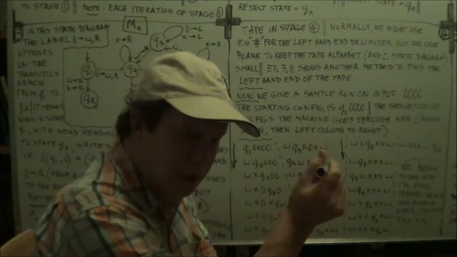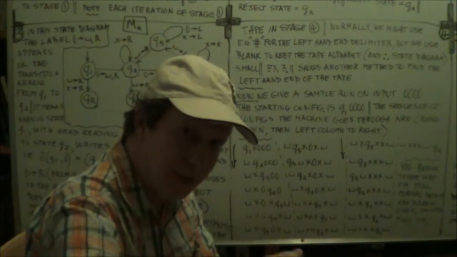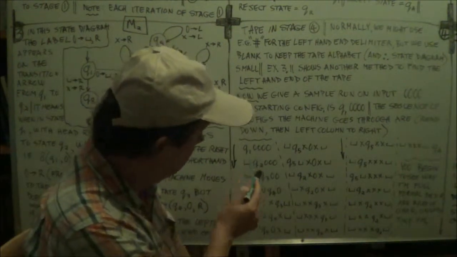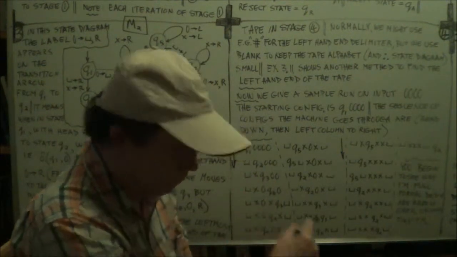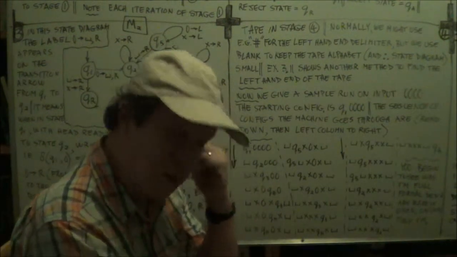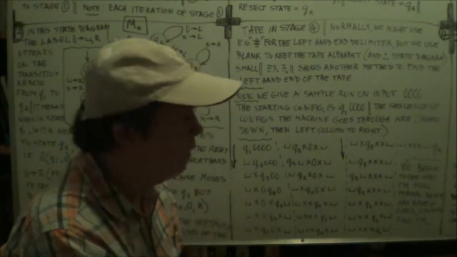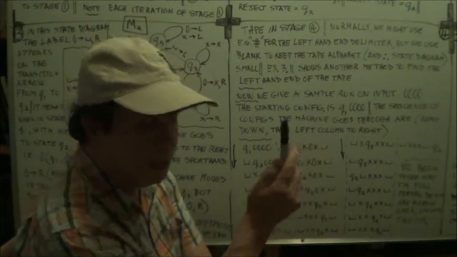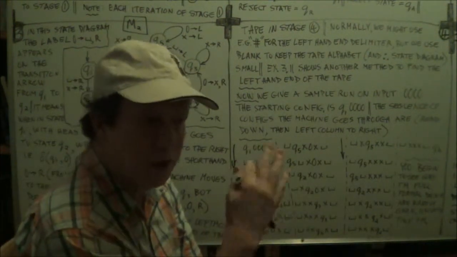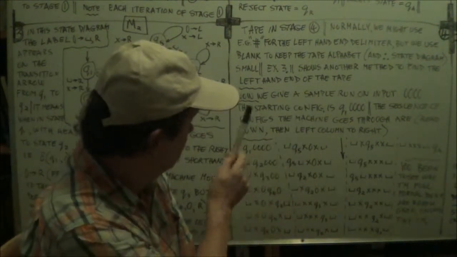The yielding, the technical term used: one configuration yields the next, and so on. So this one yields that one yields that, and so on. So you have a succession of configurations which give the history of the computation by the Turing machine with this particular input. Now the start configuration, remember the convention?